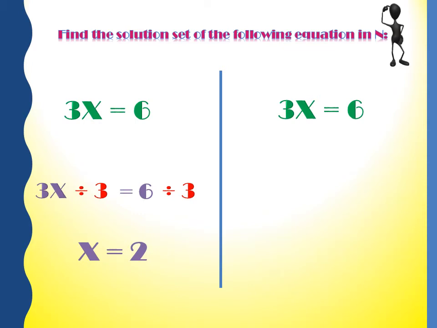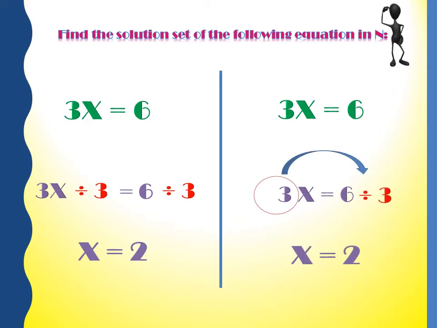By the other way, we can circle the 3 and throw it to the other side by the opposite operation. 3 multiplied by x, throw it by dividing, then 6 divided by 3 equals 2. In the question, he asked me to find the solution set in the set of natural numbers. Then the solution set here is 2.